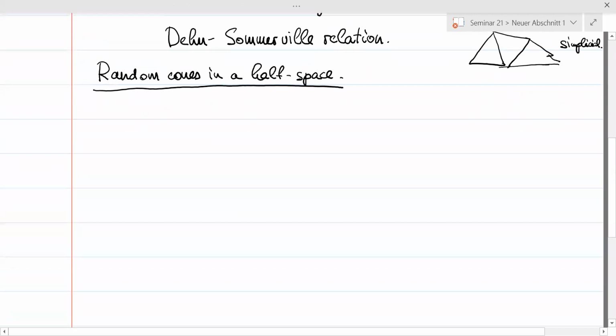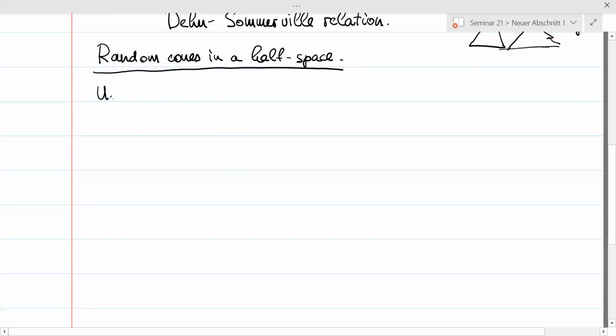These are defined as follows. Take random vectors U1, U2, and so on, that are uniformly distributed on the upper half sphere in the d plus 1 dimensional space. So the sphere is then d-dimensional, and the sphere S^d_+ is defined as follows.